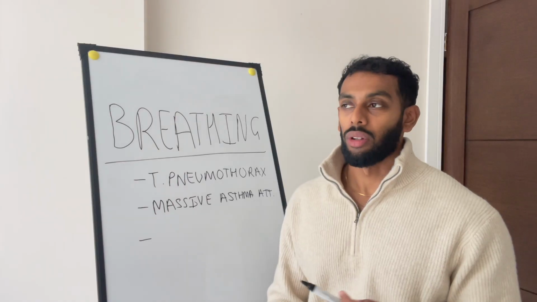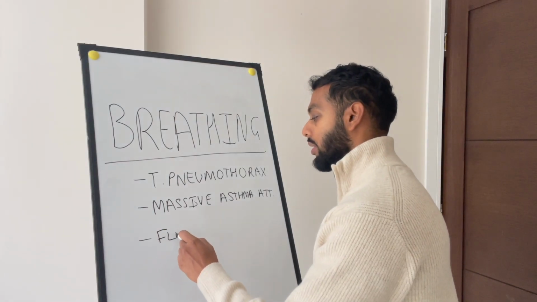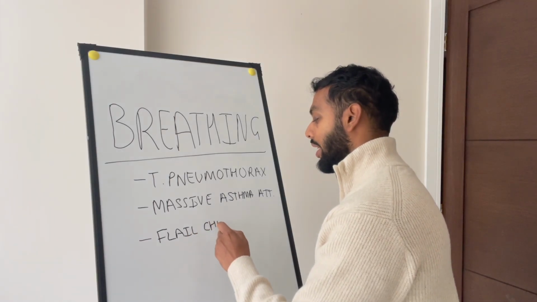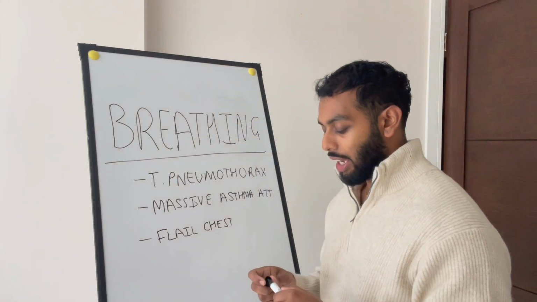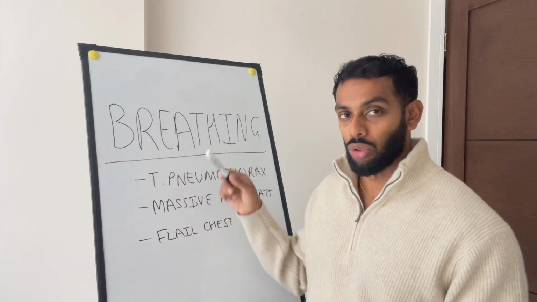And then the third one could be a flail chest. So these are the three life threats you just need to keep in the back of your mind if you see an issue with breathing when you're doing your A to E.